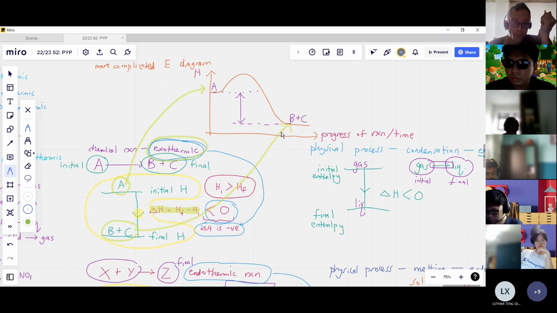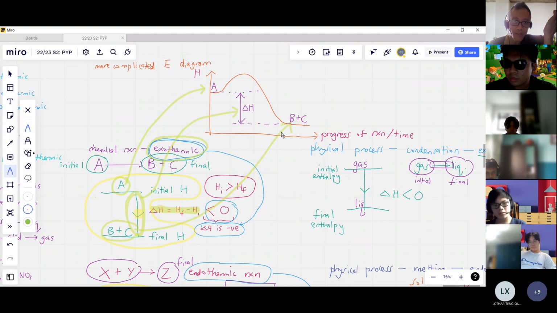Now, I hope you notice as well, this corresponds to the height difference. Okay? But of course, so what? What does that mean? It means that this is my delta H.